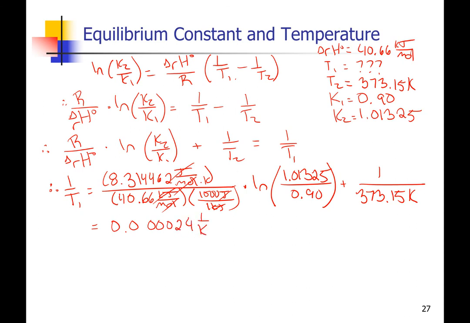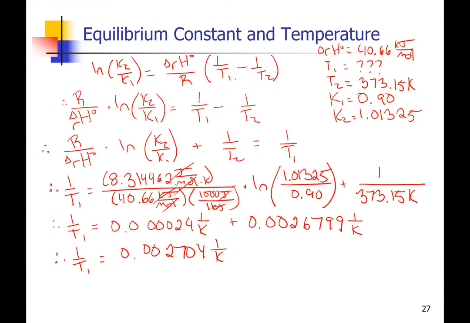This is going to get me 0.000024 inverse Kelvin plus 0.002679 inverse Kelvin. And when I add those up together, I get 0.002704 inverse Kelvin.